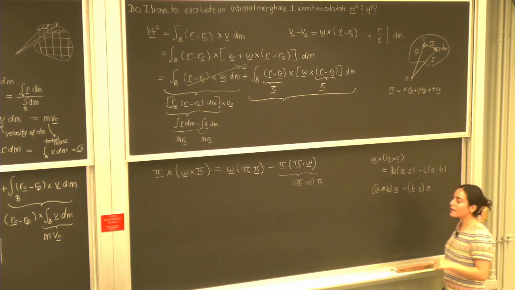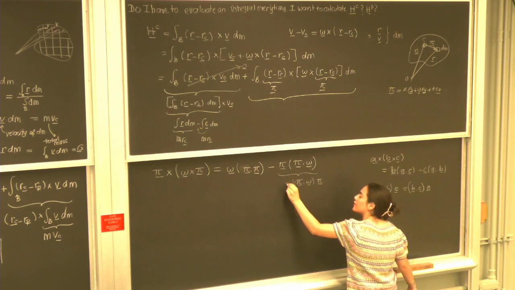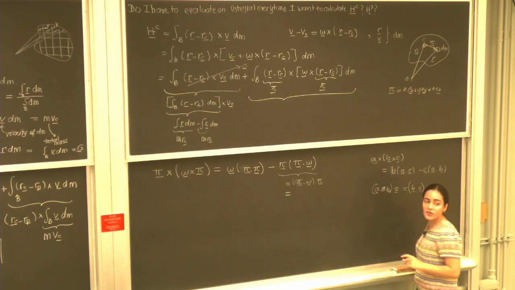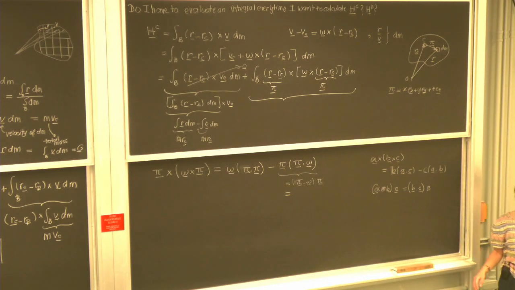So how can I write this as a tensor product times a vector? Pi dot omega applied to pi, how can I write this as a tensor times a vector?